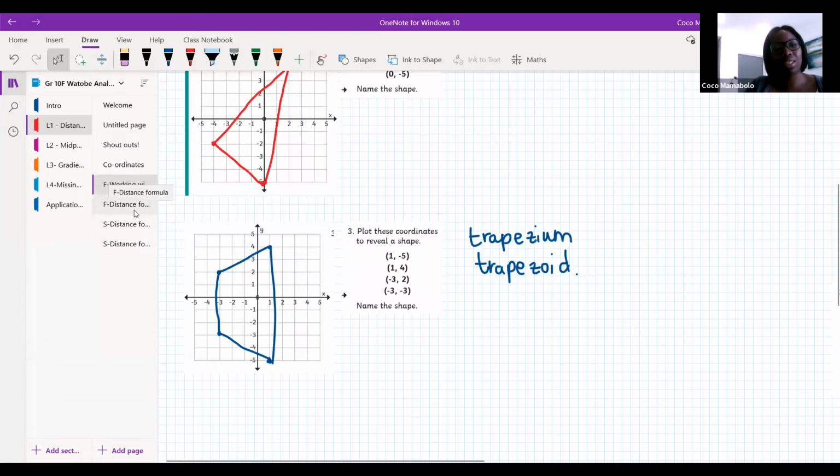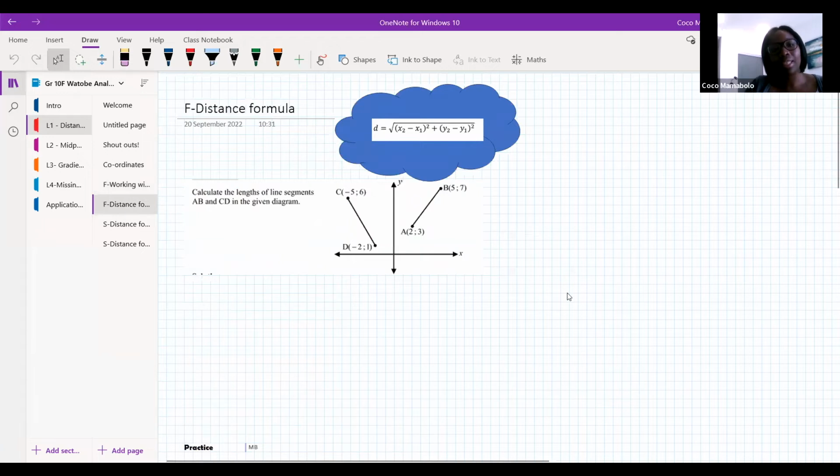What the distance formula does is it gives me the length of the space between two coordinates. So if I had to calculate the length between A and B, I would take the formula, which comes from Pythagoras, actually, if you think about it.